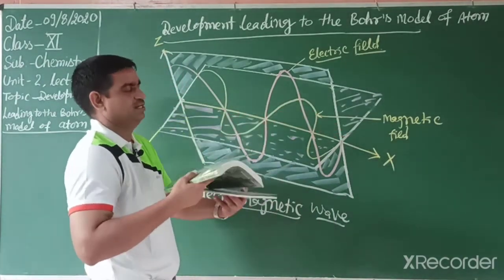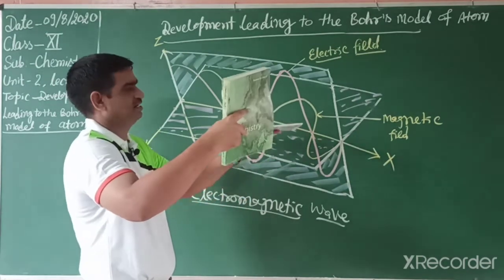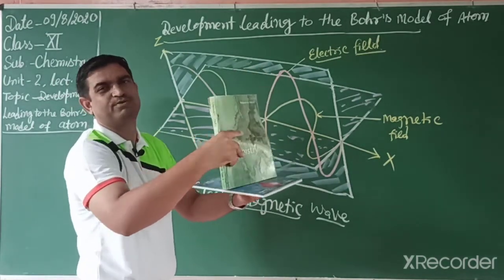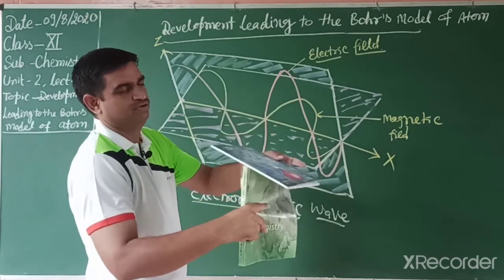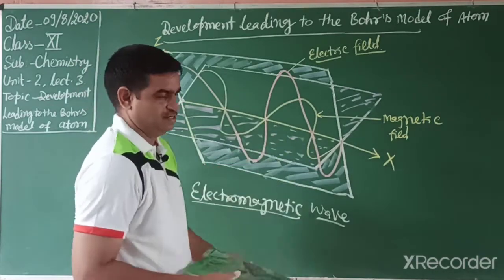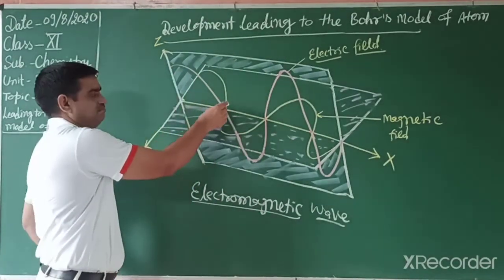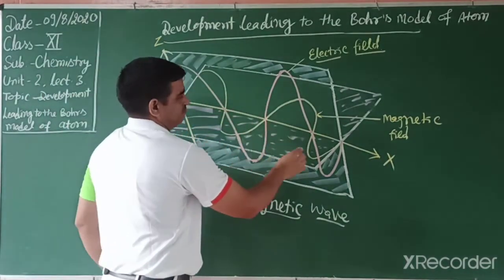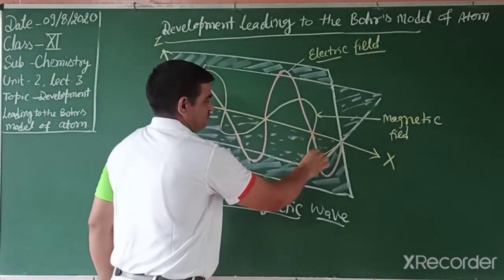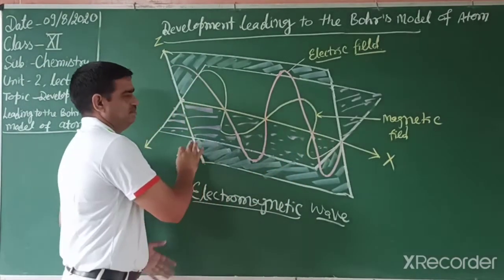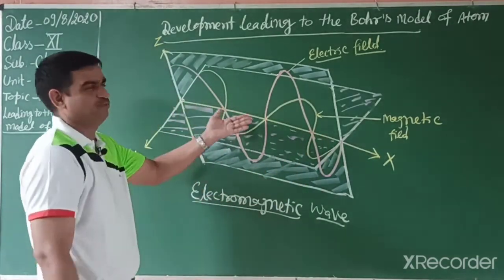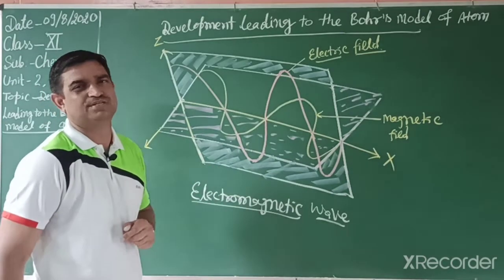In this, one is the electric field, the other one is the magnetic field. Both are perpendicular to each other. In this radiation we can see the wavelength and amplitude are the same, but in wave propagation they are perpendicular to each other.